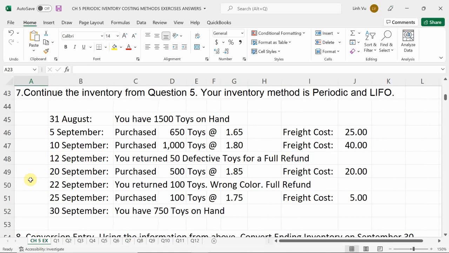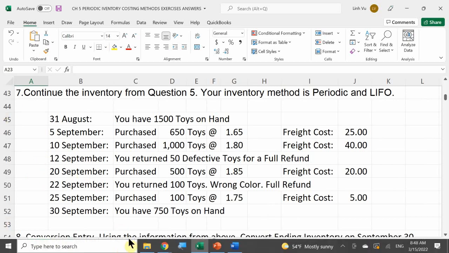Then on September 25th, we end up purchasing our last batch of inventory. We bought those 100 toys back again at $1.75 with the freight costing $5. Okay, so we end up getting those 100 back, right? But this time it was discounted, right? It's $1.75 now, and $5 freight.